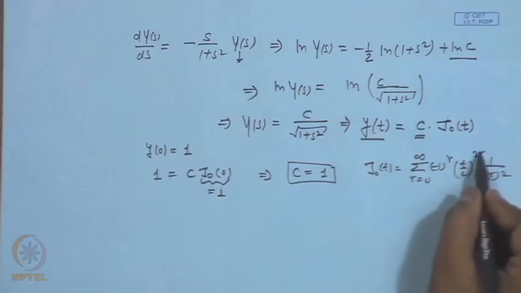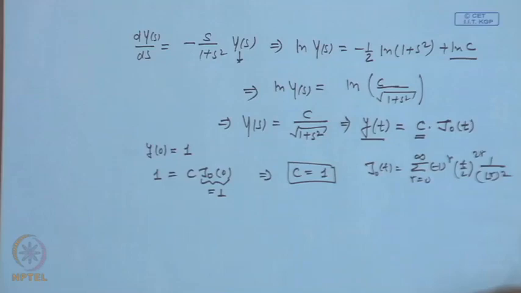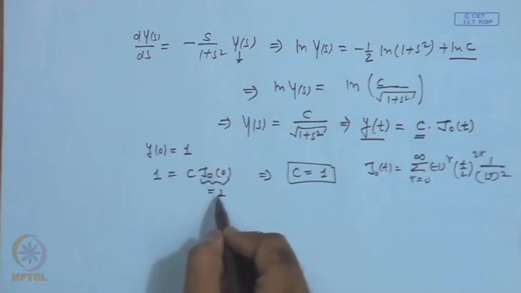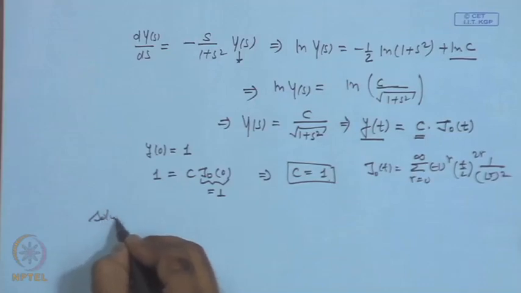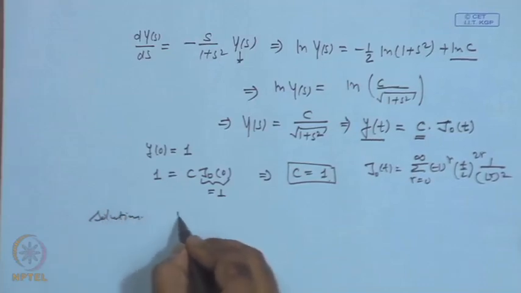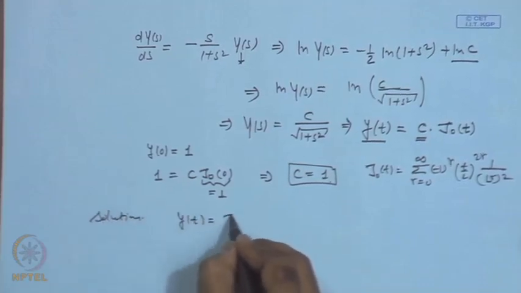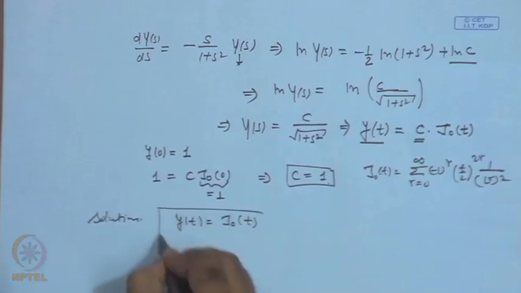So, the first term will be 1, and in all other terms t appears, and as this J0(0) will be 1, we have c equal to 1. Then the solution of that given differential equation is y(t) equals J0(t).